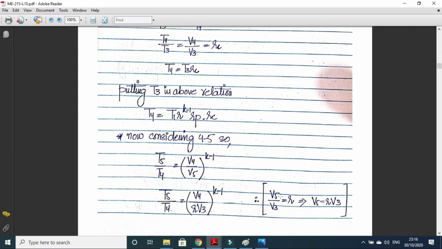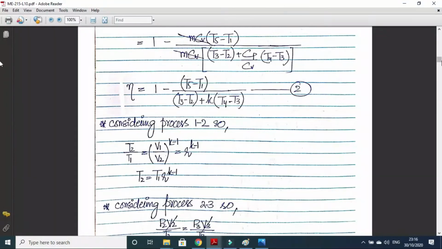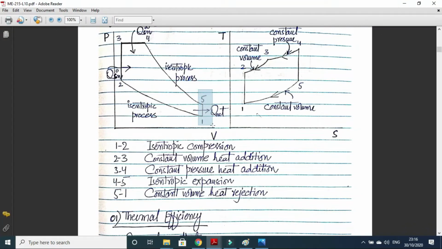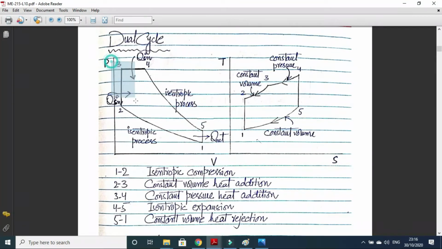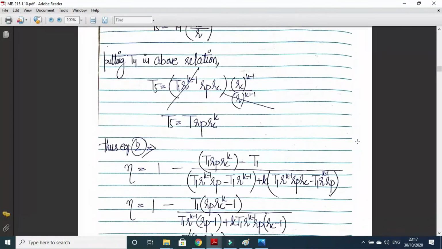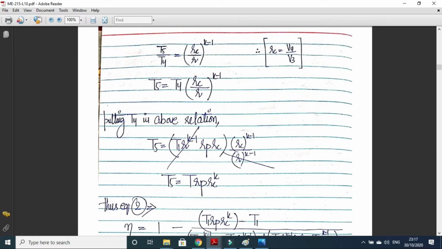V5 will be equal to V1 and V3 will be equal to V2, if we see the TS and PV diagram. So V5 upon V3 is equal to V1 upon V2 is equal to R. Now V5 will be equal to R V3. So we can put V5 is equal to R V3, and V4 upon V3 is Rc. So V4 upon V5 will become Rc upon R.